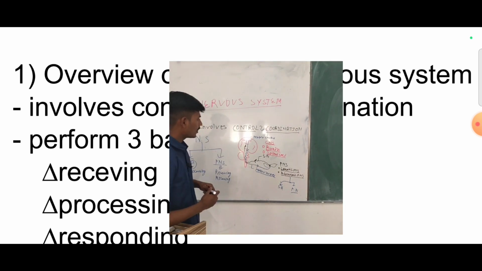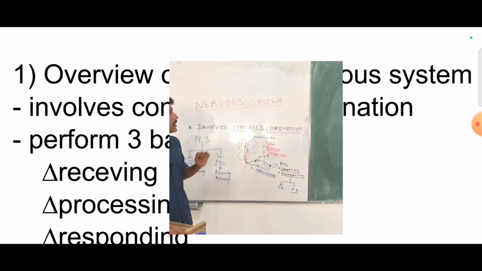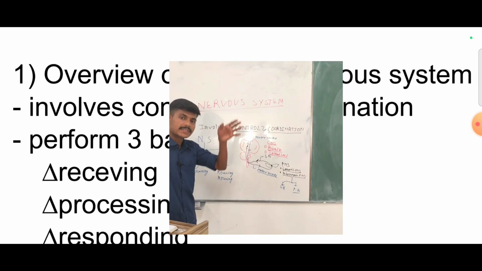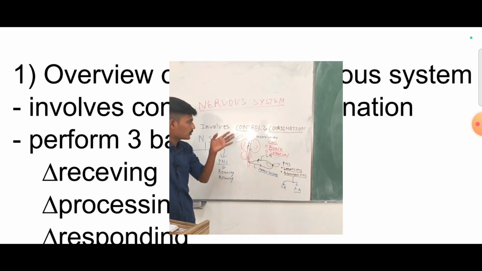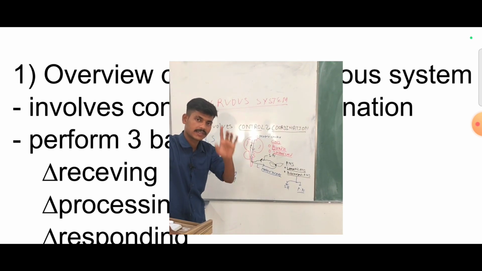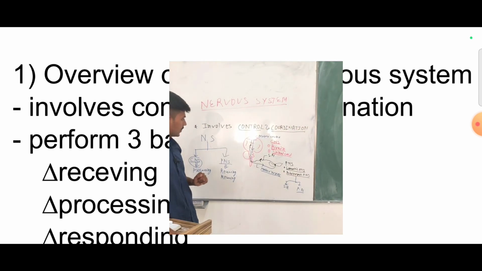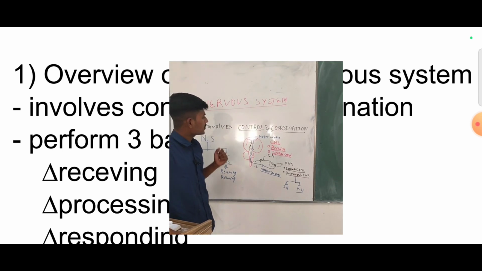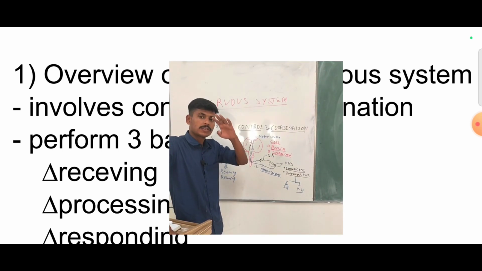Now, till now we have studied that the nervous system is a major, specialized system involved in the control and coordination of various body parts. First thing, remember. Second thing, we have studied that the central nervous system functions on three bases.